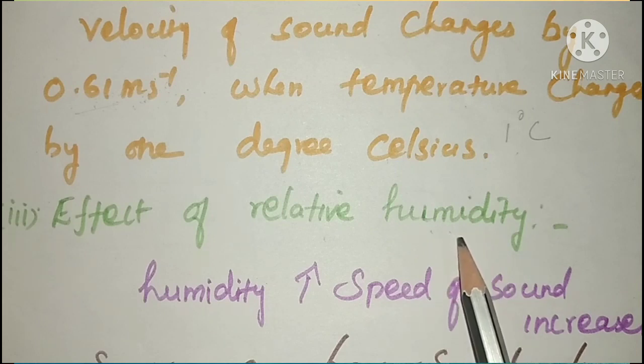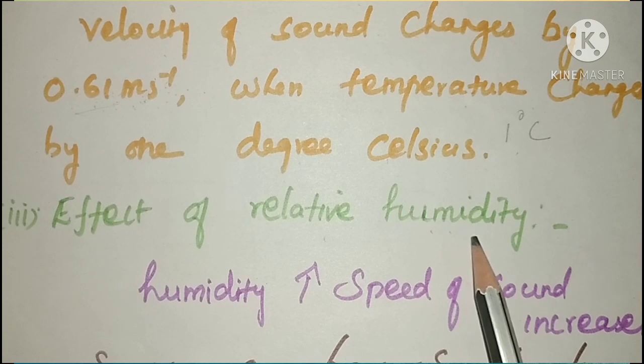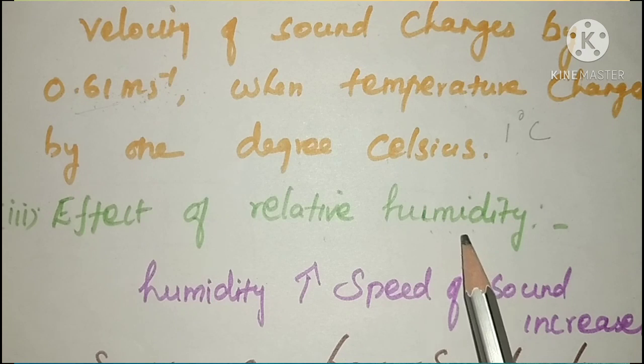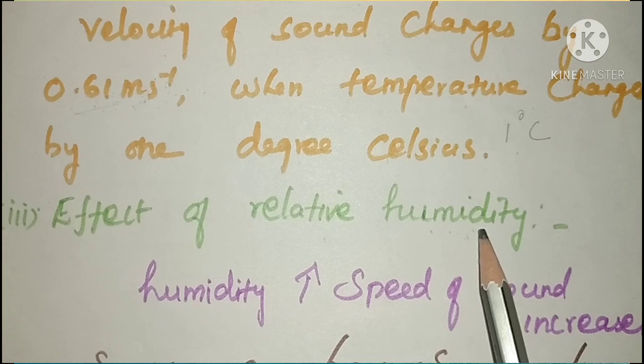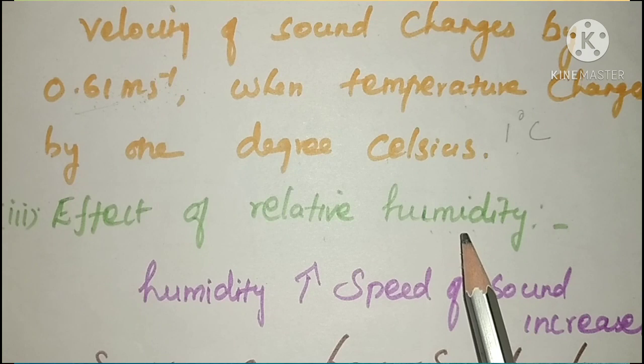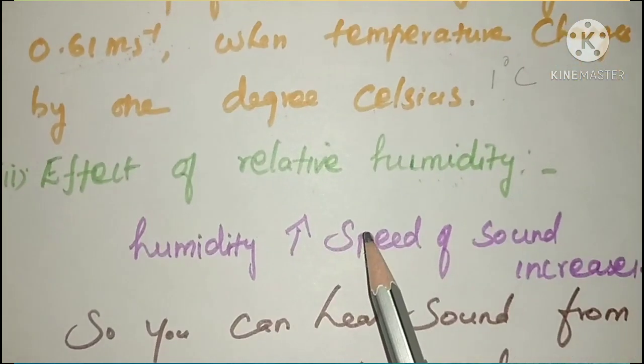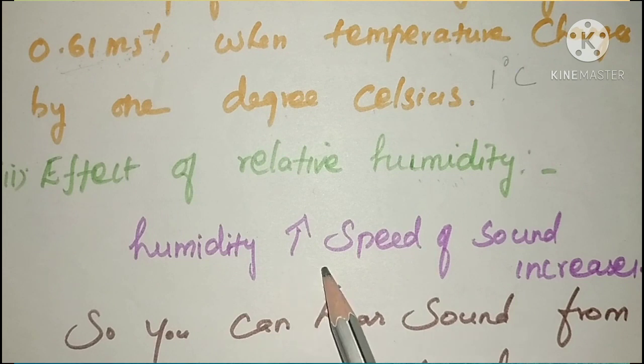When the humidity increases, we say that today there will be rain. Sometimes we feel more heat, isn't it? At that time they say there is a possibility of rain. So the humidity of the air will affect the speed of sound.